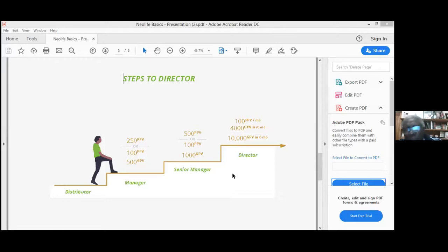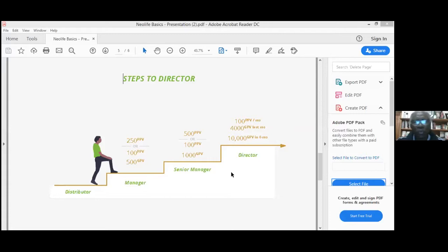So you can become a director in 2 ways. Either accumulate 10,000 points in 3 to 6 months, and the last month you do 4,000 group PV, or you do 250, and then you accumulate 4,000. Any month that you accumulate 4,000 after that, with at least 250 points in your name, you become a director.